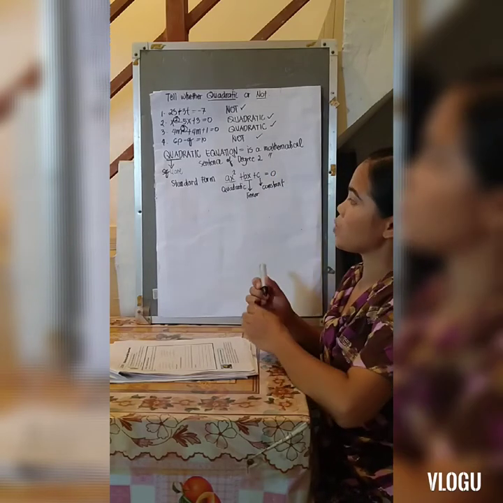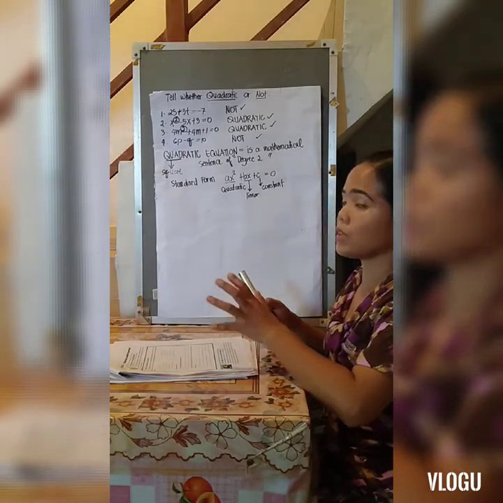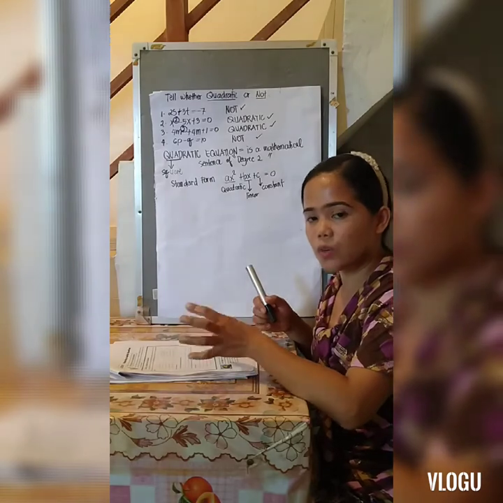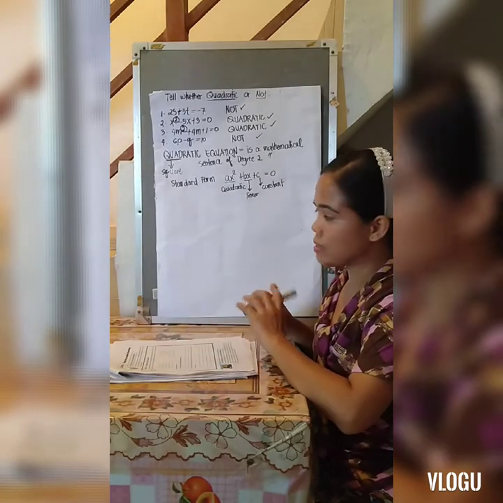In arranging your quadratic equation into its standard form, we always start with the quadratic term, followed by the linear term, and then the constant, or just the number itself, all of them equal to 0.